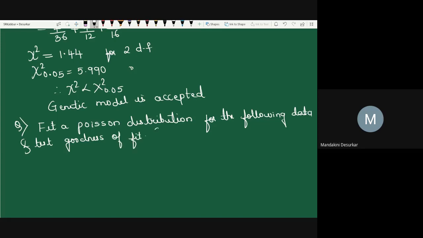Given here, no need to go for the table because it is already given. Given chi square of 0.05 is 7.815 for 3 degrees of freedom.